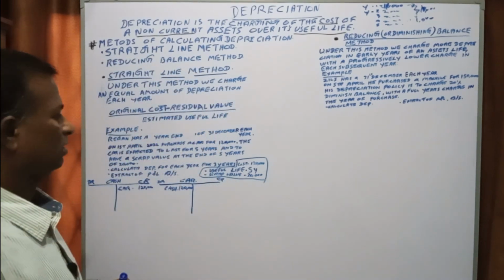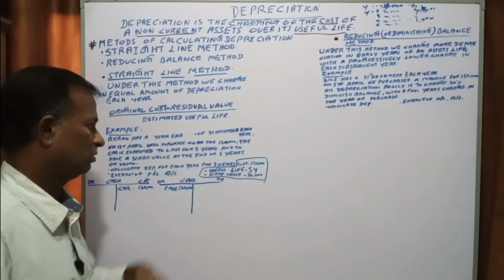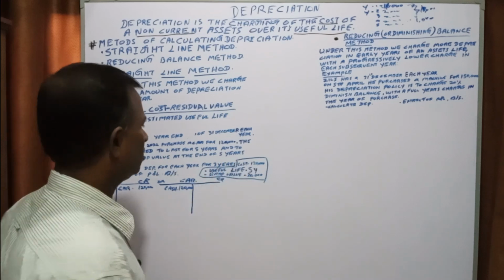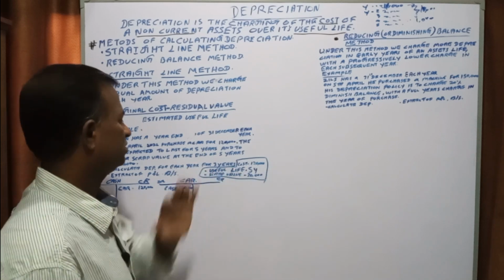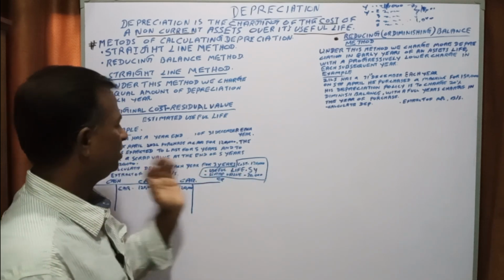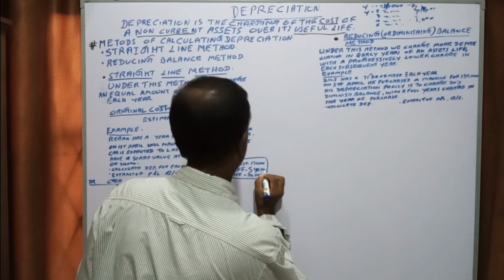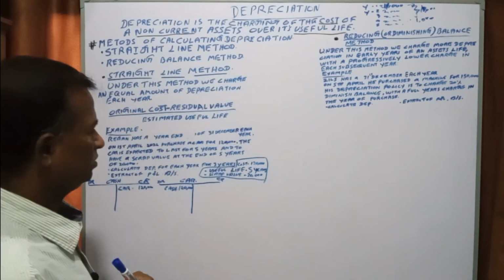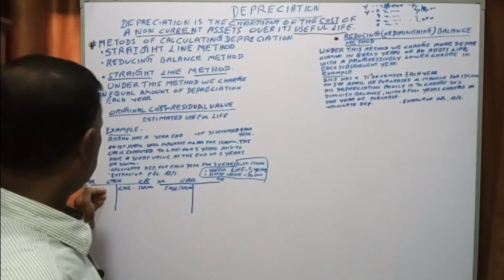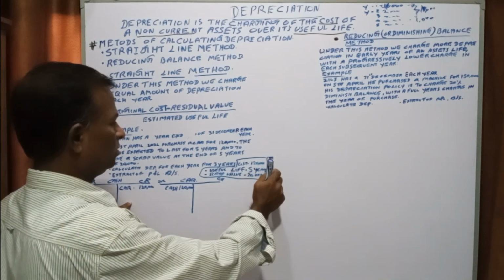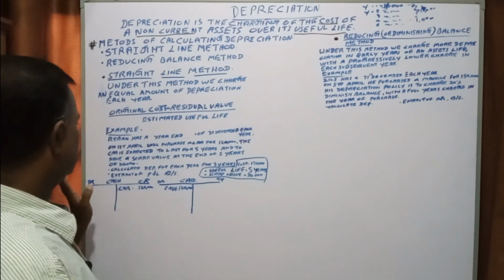Cost is 120,000. You have identified the cost, the useful life of 5 years, and the scrap value of 20,000. So the rest of the things are easy because it is a matter of double entry. Here we have made the double entry for the cost of purchase, right?